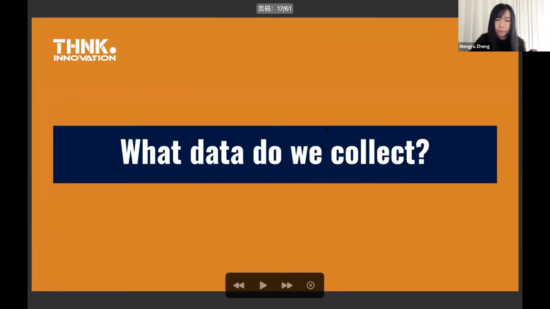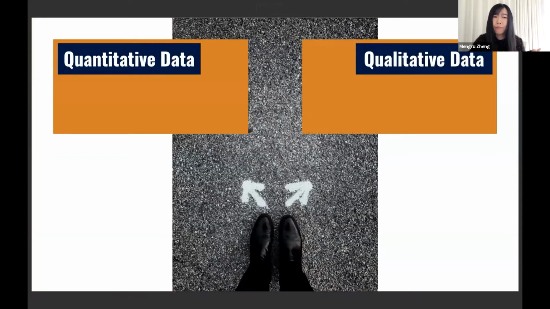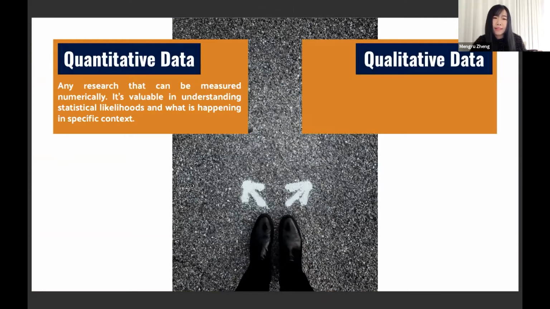So what data do we collect? Normally we collect quantitative data and qualitative data. Quantitative data is any research that can be measured numerically. So it's valuable in understanding statistical likelihoods and what is happening in a specific context.